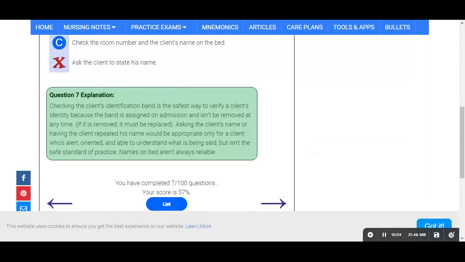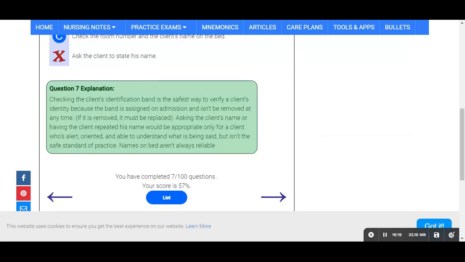Okay, checking the client's identification band is the safest way to verify a client's identity because the band is assigned on admission and isn't removed at any time. Okay, so that is noted. If it is removed, it must be replaced. Asking the client's name or having the client repeat his name would be appropriate only for a client who's alert, oriented, and able to understand what is being said, but it is not the safe standard of practice.